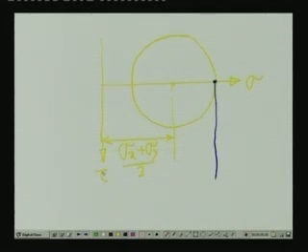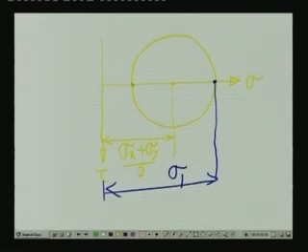Now, if we draw the Mohr circle of stress, the center of the Mohr circle from the tau axis is given as sigma x plus sigma y by 2, and the maximum value of the normal stress, which is at this particular plane, we normally designate as sigma 1, and the minimum value of the normal stress is sigma 2.